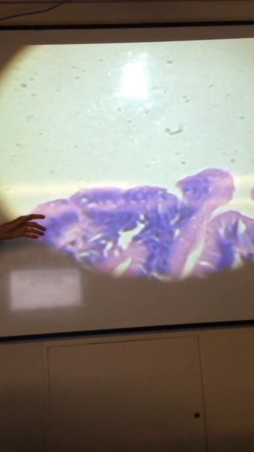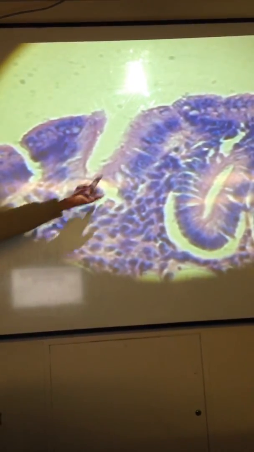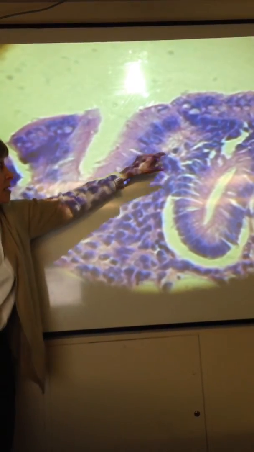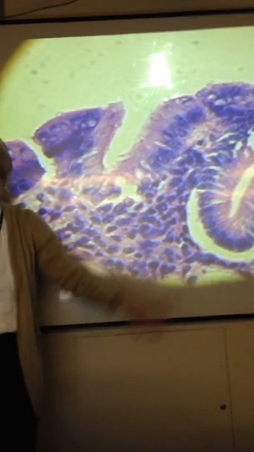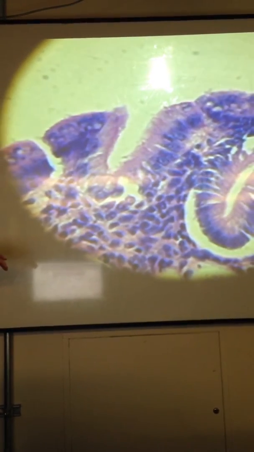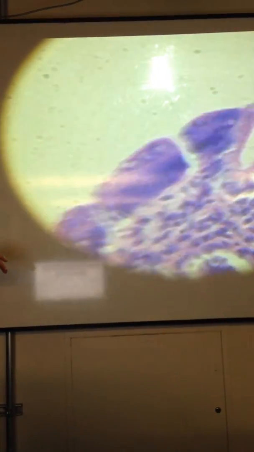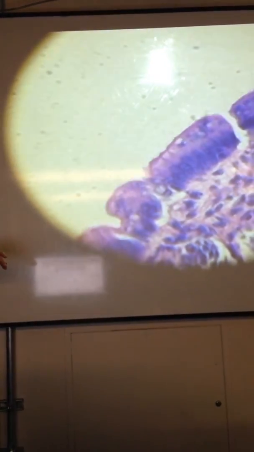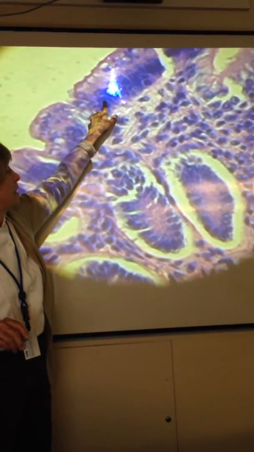And now let's move over a little further and see if I can find some simple columnar cells and a gastric pit. Hopefully for the lab practical I can find a little better simple columnar cells than those. And here they're looking a little better, right? Simple columnar cells lining the stomach.